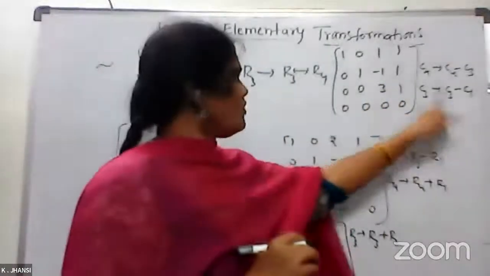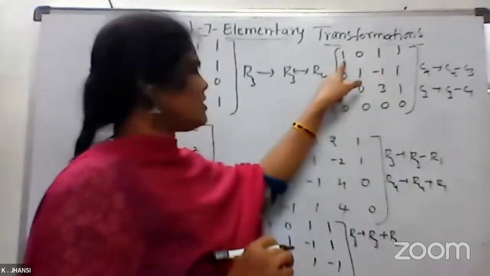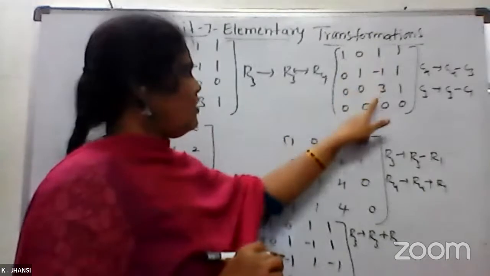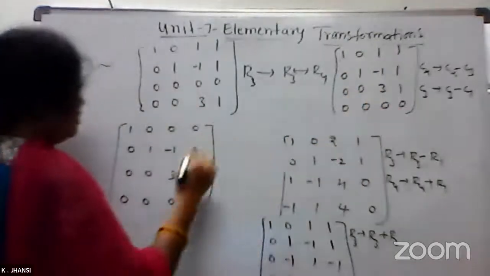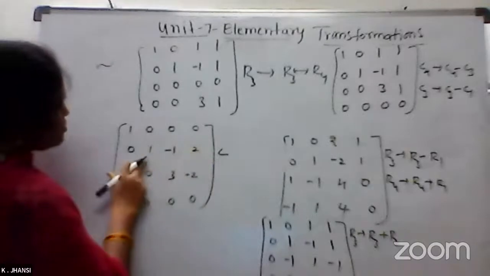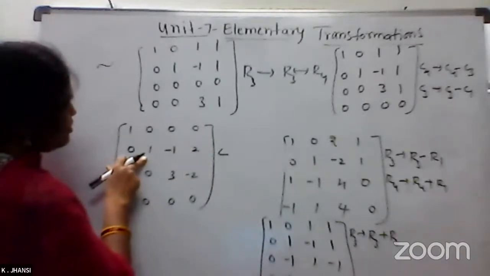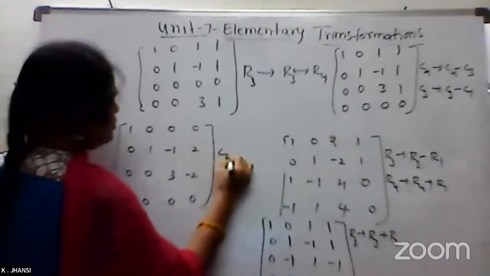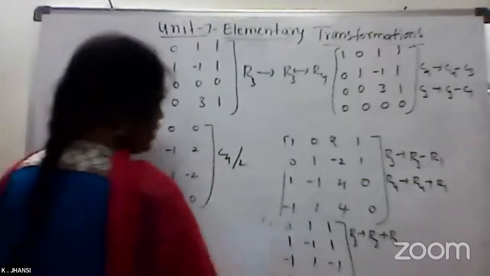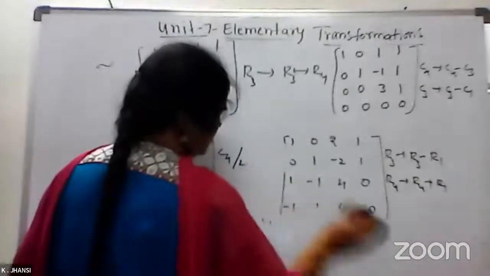For C3, what have we done? We have just subtracted C1. So 1 minus 1 is 0. This is the same, you will get 3 0. 2 minus 2. So C4 you divide by 2. Conversion to the normal form is somewhat of a lengthy process.